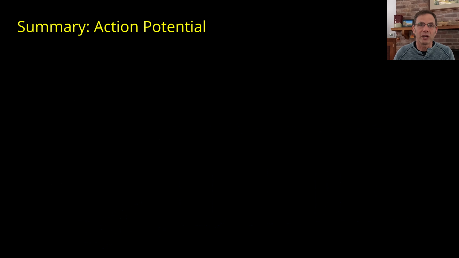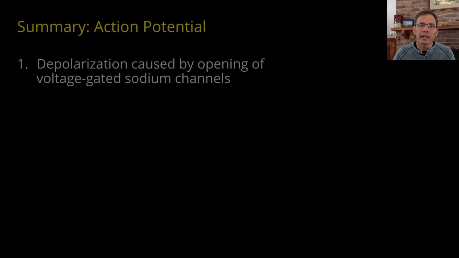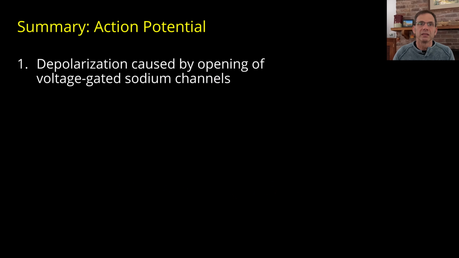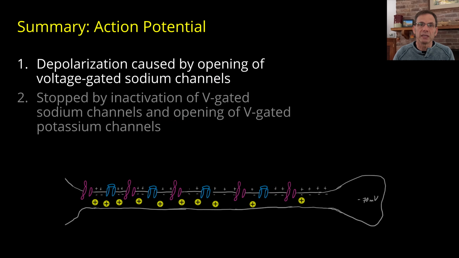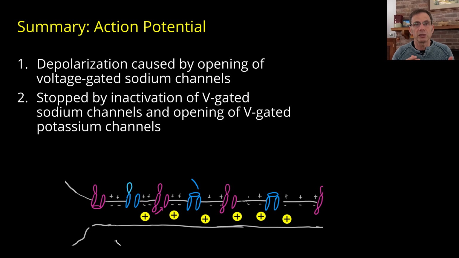Okay, quick summary. Neurons transmit signals along axons as electrical impulses called action potentials. An action potential is a wave of depolarization caused by opening of voltage-gated sodium channels. After rapid depolarization, the cell repolarizes as voltage-gated sodium channels inactivate and voltage-gated potassium channels open.